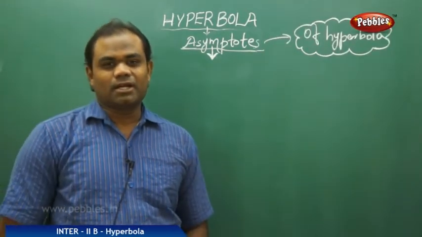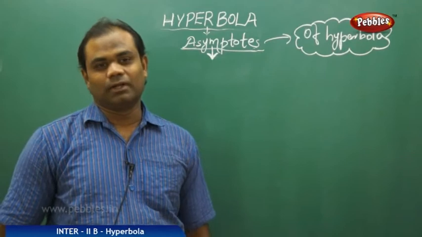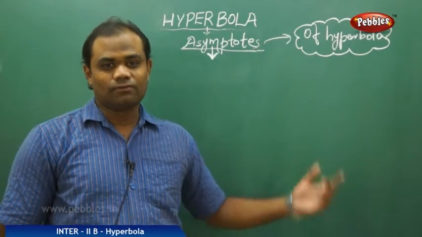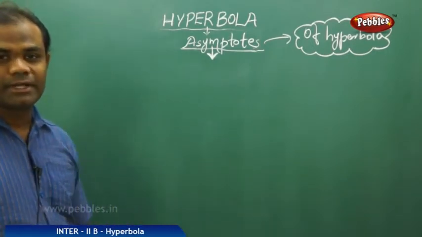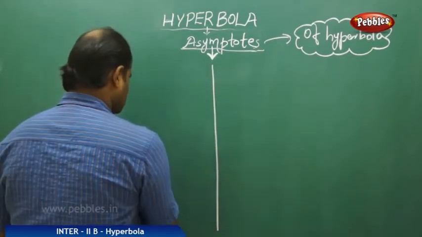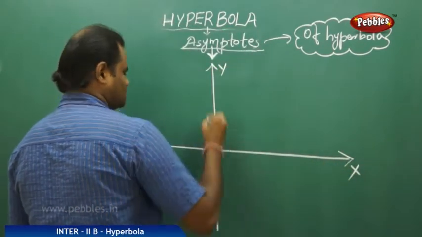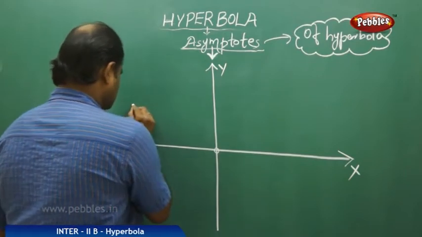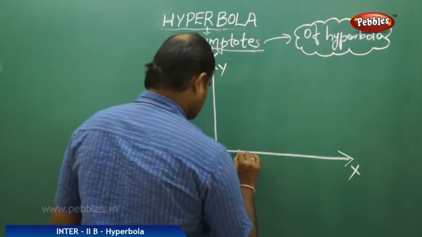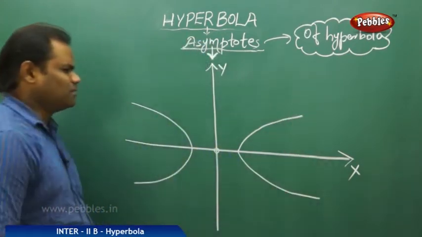So now that we have discussed asymptotes for the curve, let's see what the asymptotes for the hyperbola are. Now we see that there are two non-vertical asymptotes for this hyperbola. So let's take the standard form of hyperbola, with x-axis and y-axis in this form.